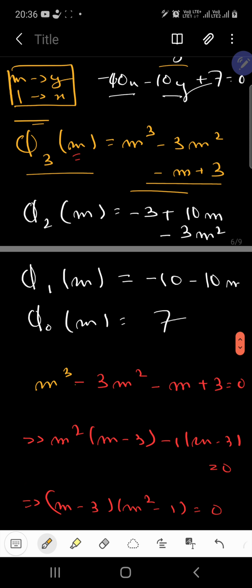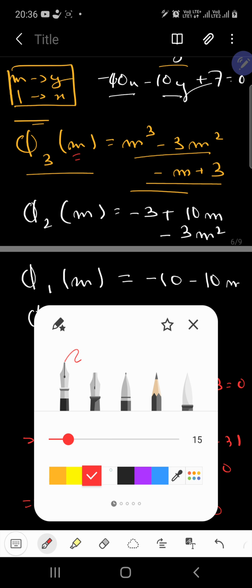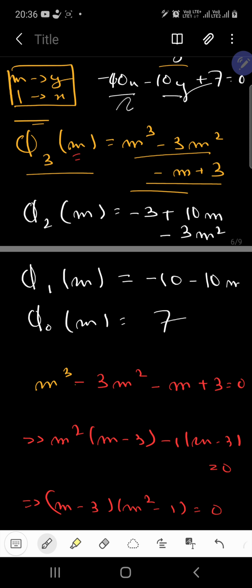So this was your phi 3. Your phi 3 dash will basically give you 3m square minus 6m minus 1, and you need to place 1 in place of m.